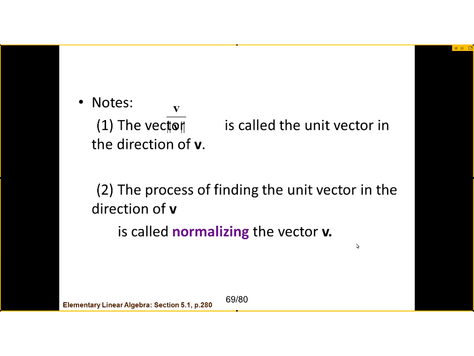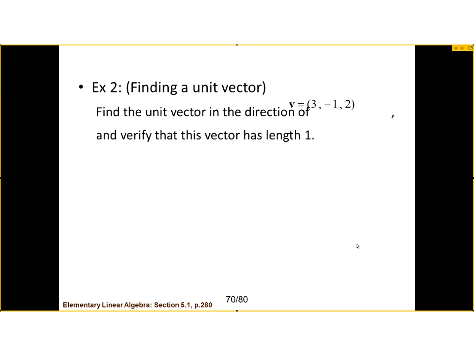The vector v upon norm v is called the unit vector in the direction of v. The process of finding the unit vector in the direction of v is called normalizing the vector v. Finding a unit vector, for example: find the unit vector in the direction of v equal to (3, -1, 2), and verify that the vector has length 1.